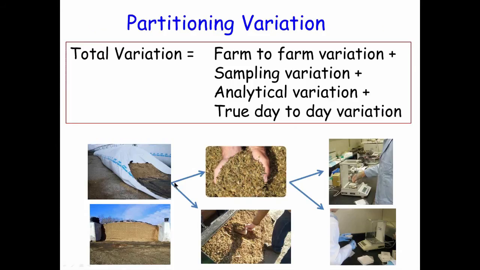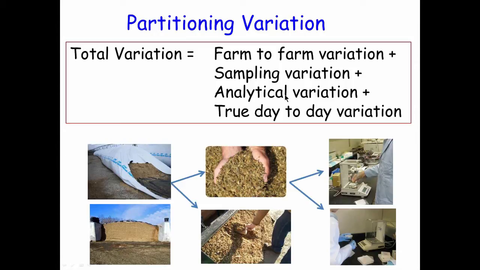The way we set this experiment up, we can actually, what we call, partition the variation. Because we had 11 farms, we can separate farm-to-farm variation. Because we had multiple samples, 2 samples per day, we can determine sampling variation.